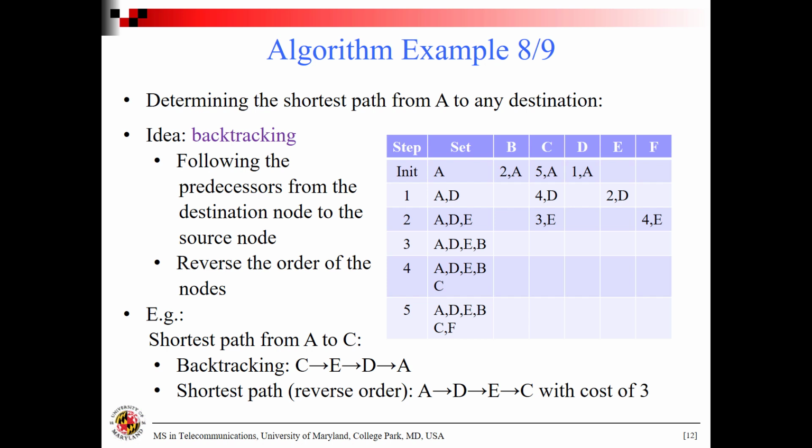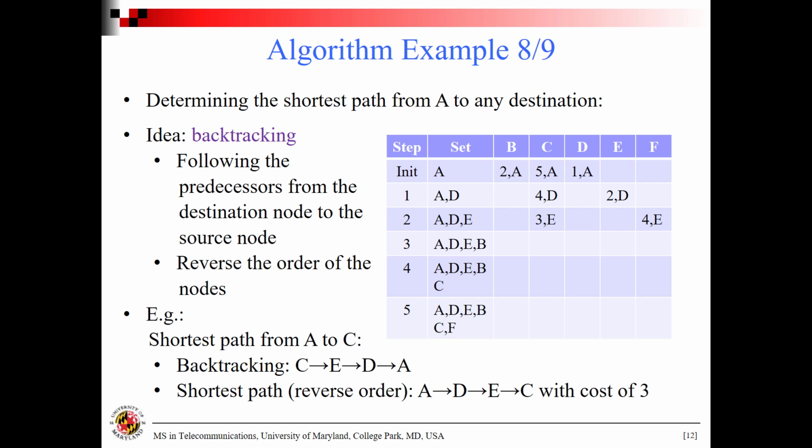Well, we're going to have to make use of those predecessors, basically those pointers to the previous nodes. You could consider predecessors as a pointer backwards to the previous node along the path. So we're going to have to backtrack that sequence of pointers, so follow the predecessors.